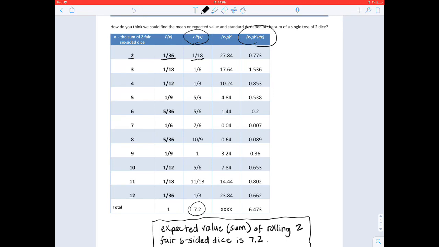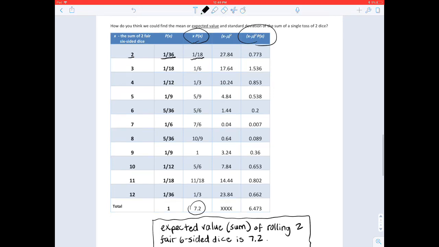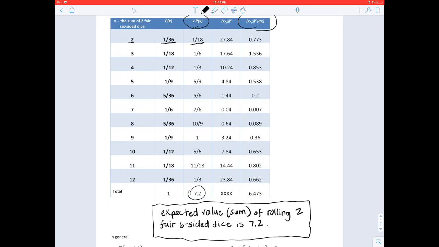This is the setup for finding sigma squared, and when you add everything up, this is equal to sigma squared, and that's probably an approximation of sigma squared.